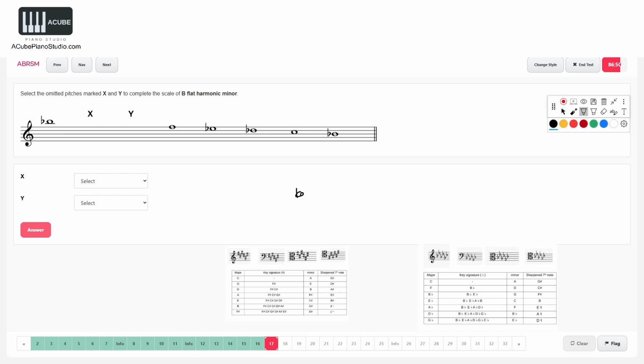The key signature is this. You need a flat for everything except for C. So everything should have a flat except for C.